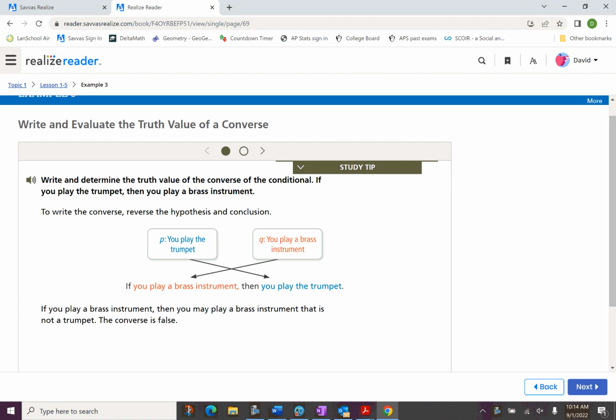There are more brass instruments than just the trumpet. So if we're trying to determine truth value here, if the first part is true and the second part is false, we say the statement is false. Again, if you want to go back and look at that truth table from earlier, that might help.